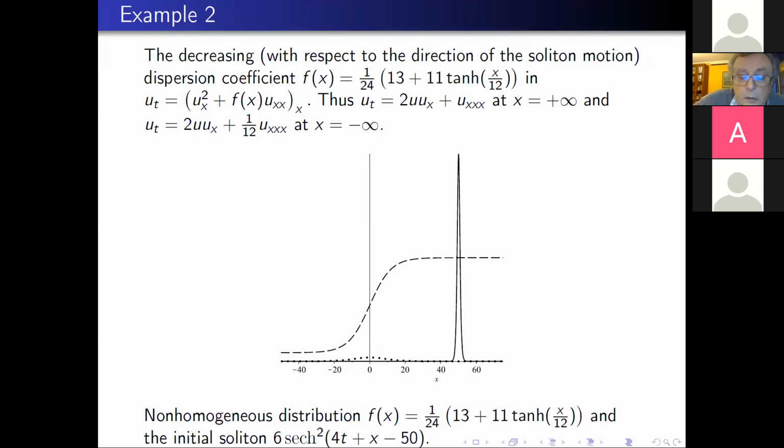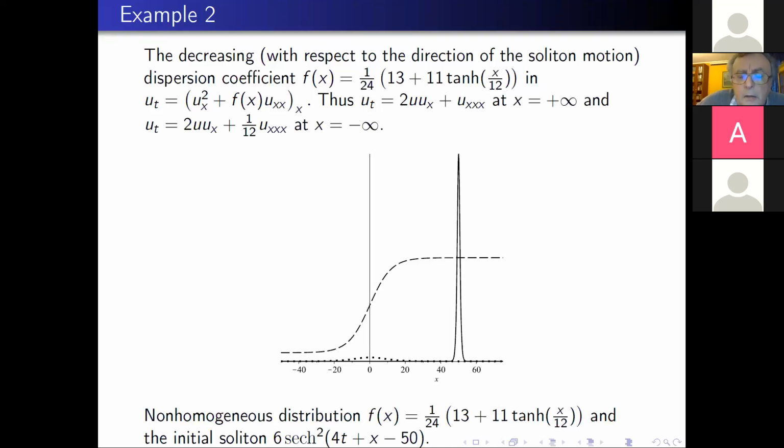This is a similar example, but the coefficient in the left part is very, very small. It corresponds to the case when the cubic curve is on the whole lower than the straight line.